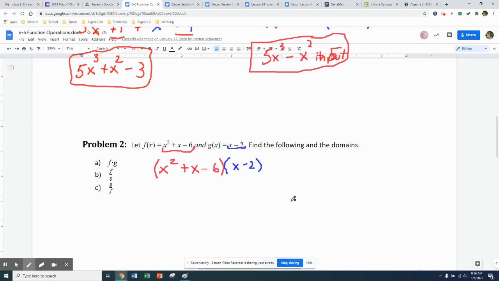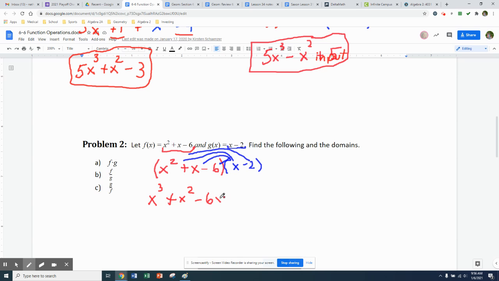Now, as you're starting to look at this, we are multiplying a trinomial times a binomial. So we're going to have to do some distributive properties. So the x is going to be distributed out once, twice, 3 times, and then the negative 2 has to go out once, twice, 3 times. So we'll start with the x. When the x goes out to all 3 terms, we're going to get x to the third plus x squared minus 6x.